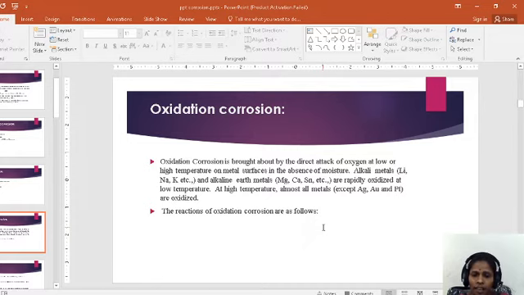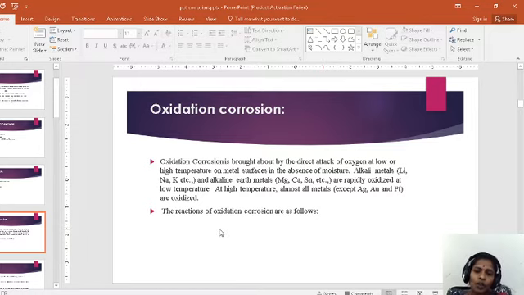These three metals do not react with oxygen at any temperature. So that is oxidation corrosion. In oxidation corrosion we have three conditions: the first and second group metals react only at low temperature, the remaining metals react with oxygen at high temperature, and the noble metals do not react with oxygen at any temperature.